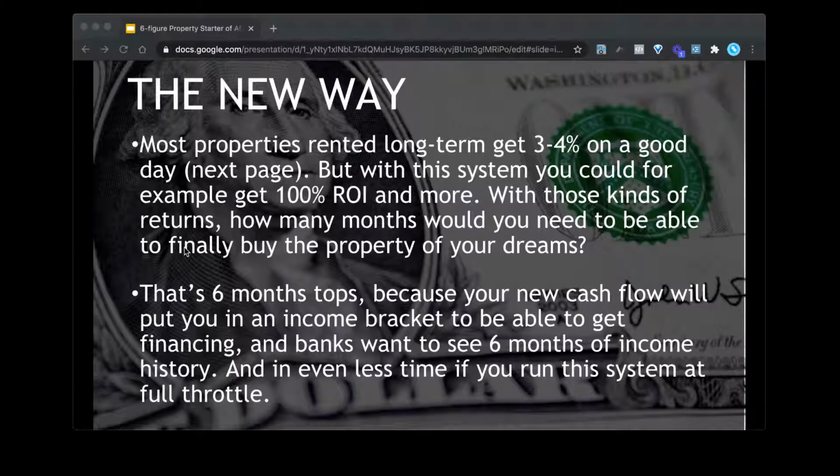I mean, really, how many months would you need to be able to finally buy the property of your dreams? And like I said, in 6 months tops, you can have cash flow that will put you in an income bracket to be able to get financing. And banks want to see 6 months of income history, even less time if you run the system full throttle.